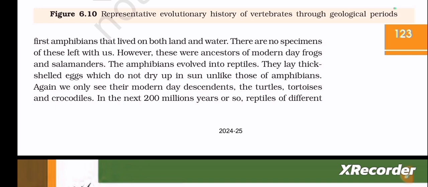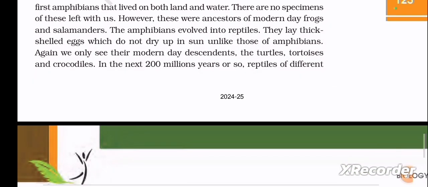However, these are the ancestors of modern day frogs and salamanders. The amphibians evolved into reptiles. They lay thick shelled eggs which do not dry up in the sun, unlike those of amphibians. Again, we only see their modern day descendants, the turtles, tortoises and crocodiles.